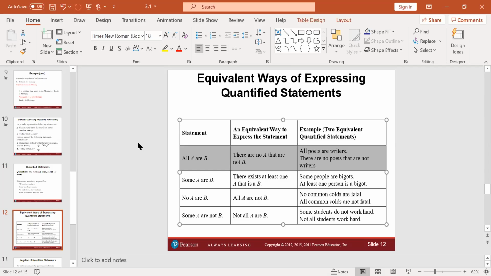Anyone you call a poet is automatically also a writer. What that means is that I cannot go out into the world and find someone who's a poet that is not also a writer. It sounds silly, but it's almost like the double negative. There are no poets that are not writers. So let that sink in for a moment. These are equivalent ways to express the same statement.